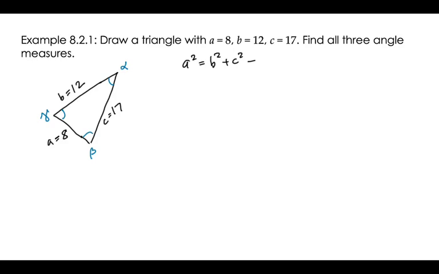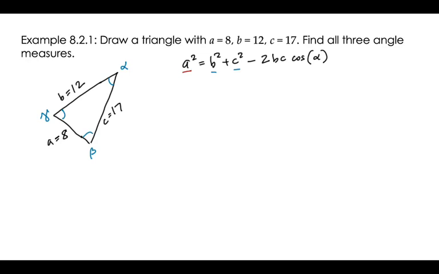It starts off looking like the Pythagorean theorem, then it's got this 2 in there, and I need to copy down whatever two side lengths show up there. So 2bc times cosine of the angle across from side a, which is angle alpha.